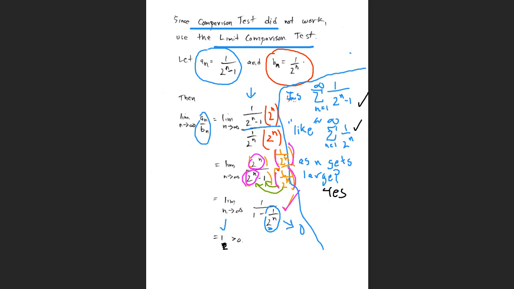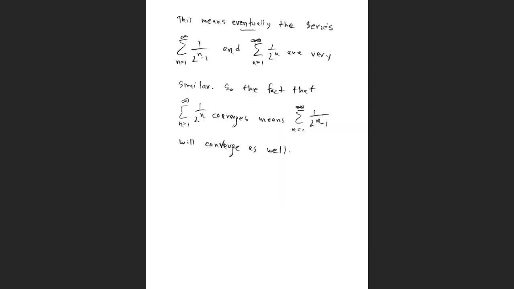And so therefore, since the series n equals 1 to infinity of 1 over 2 to the nth power, that geometric series, converges, our series has to converge as well. Basically, I have it written out nicely here. Eventually, the two series are very similar in nature.